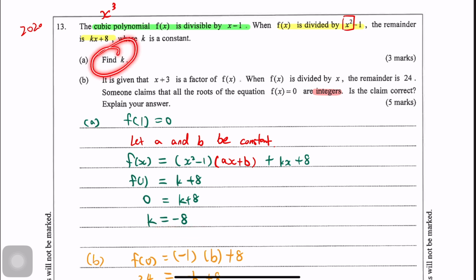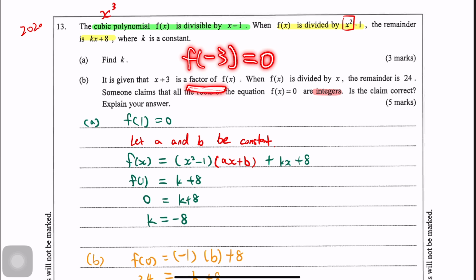Okay, 5k. Now for b: given that x plus 3 is a factor, when f(x) is divided by x, the remainder is 24. Someone claimed that all the roots are integers. Is it correct? So now we know that when we put x equals -3, it should equal 0 because it's a factor. And now it is divided by x.